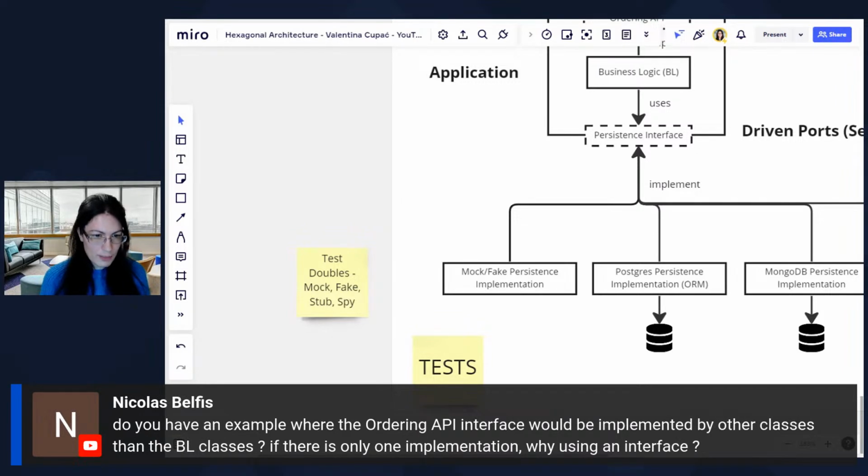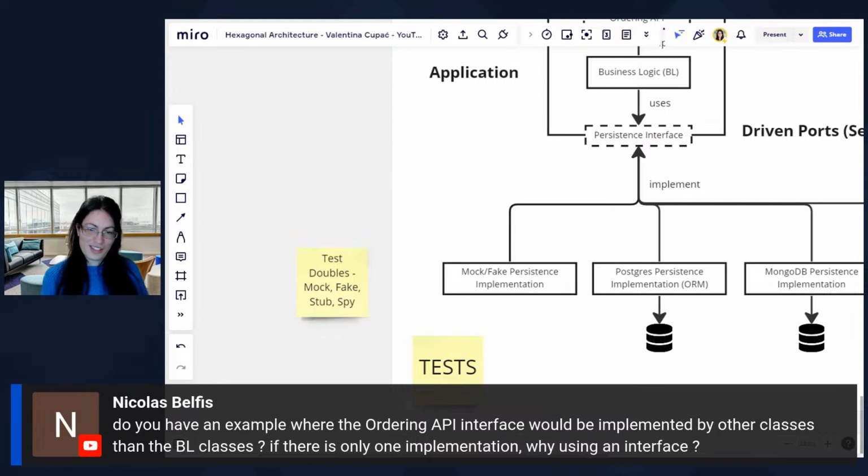Do you have an example where the ordering API interface would be implemented by other classes than BL classes? If there is only one implementation, why use an interface? I really like this question. In general, it is true that there would be only one implementation.